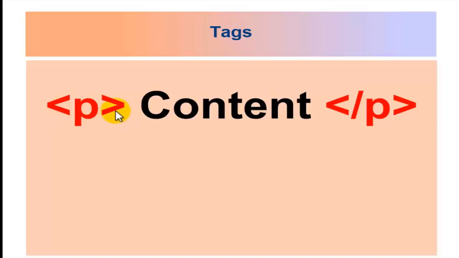The less than and greater than symbols are used in HTML as tags. And p is the element. When we enclose p in these tags, we call the whole thing a tag of p, and p denotes a paragraph.